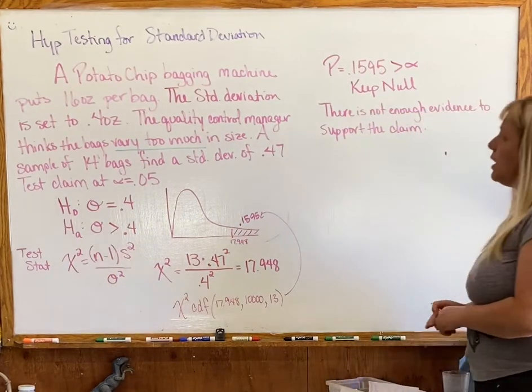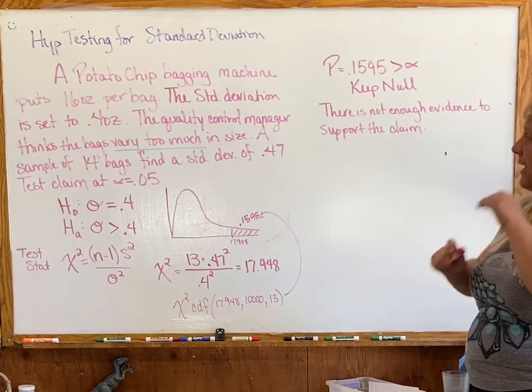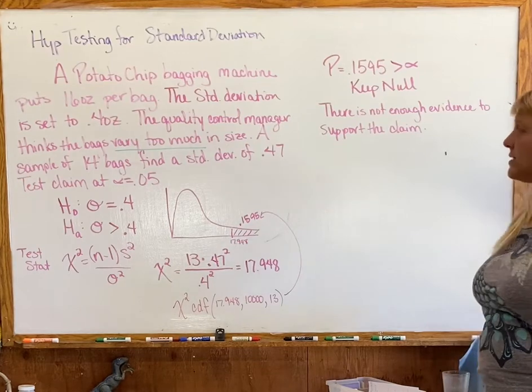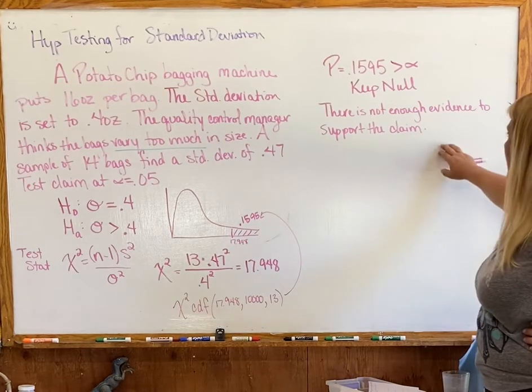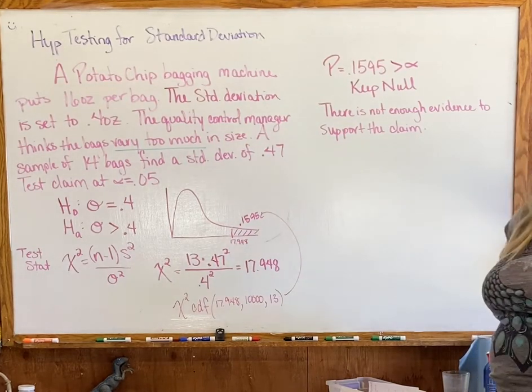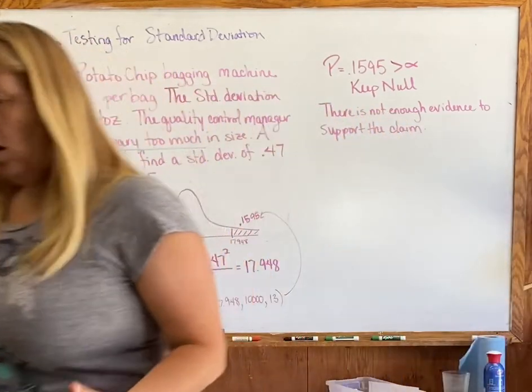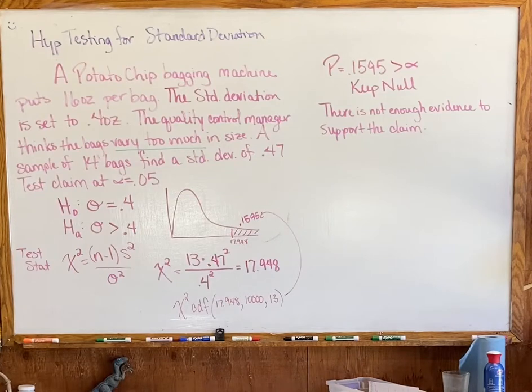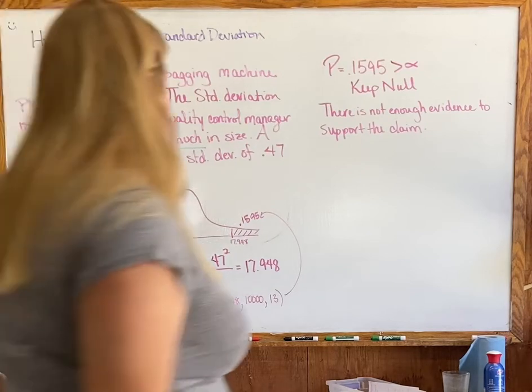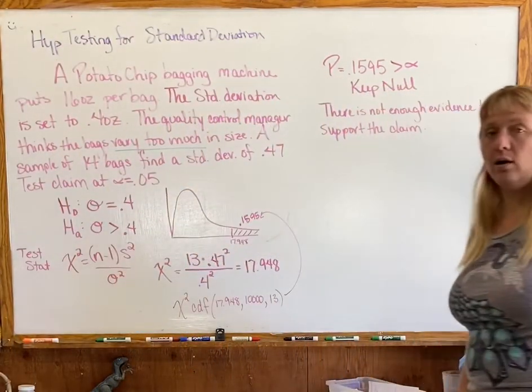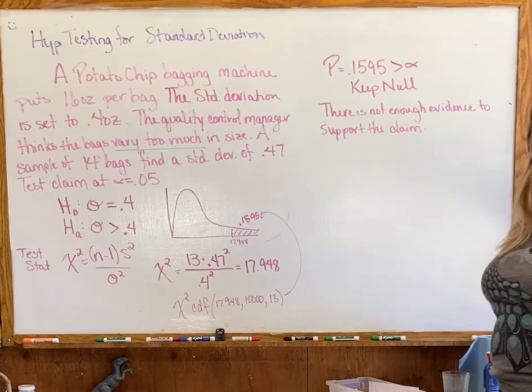So remember that the quality control manager, he thought that the bags vary too much in size, did the test, comes back with there's not enough evidence to support the claim. Now, again, that doesn't mean that he's wrong. It just means that he wasn't able to do a good enough test to see that there was too much variation going on. Why is this important?